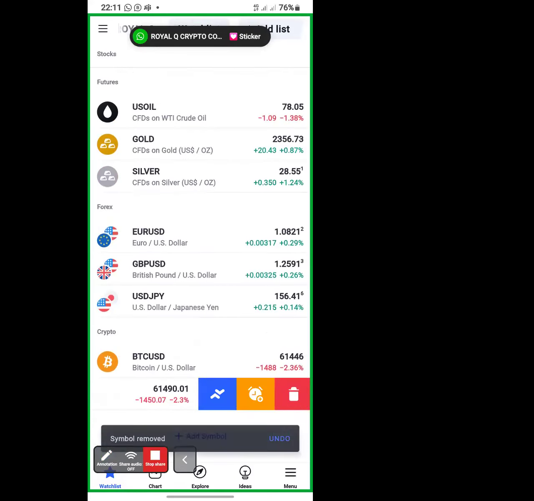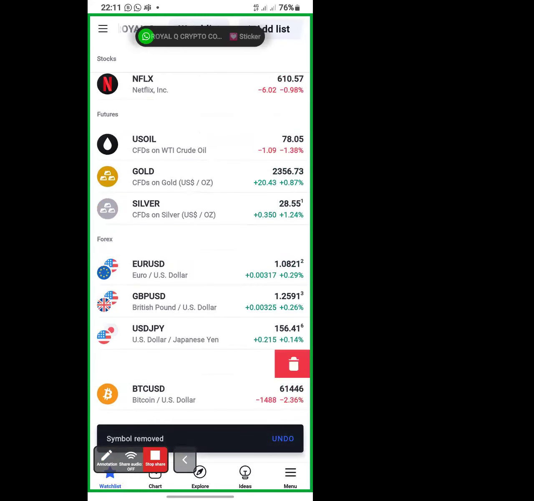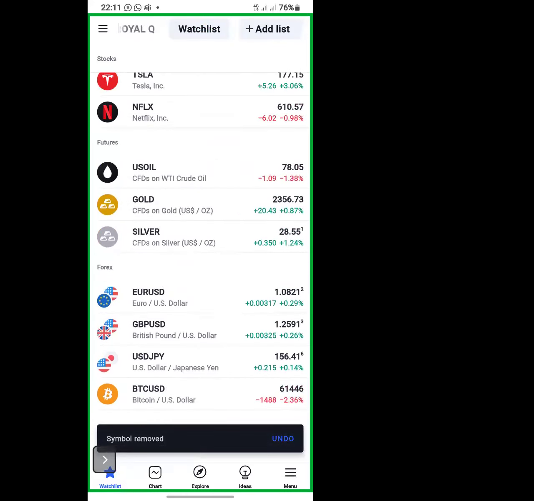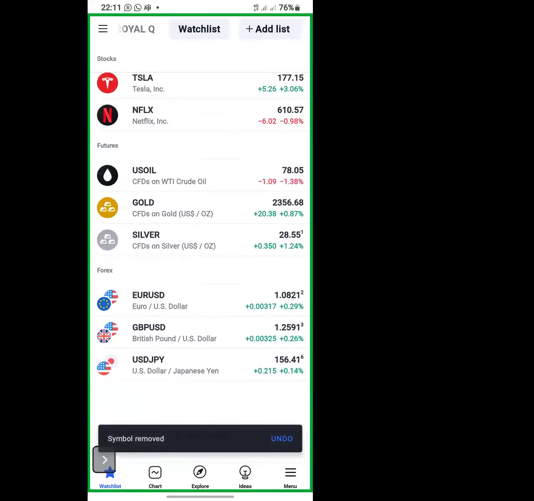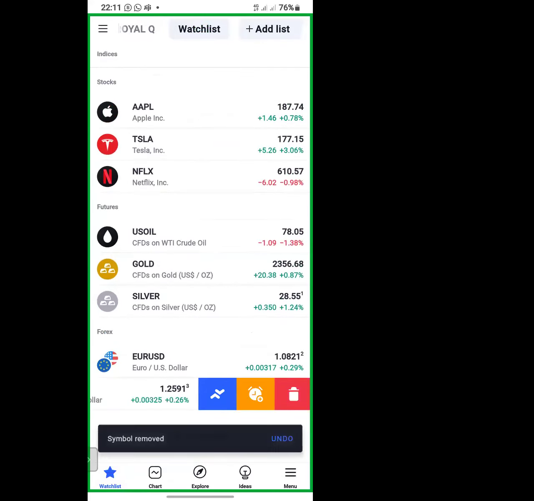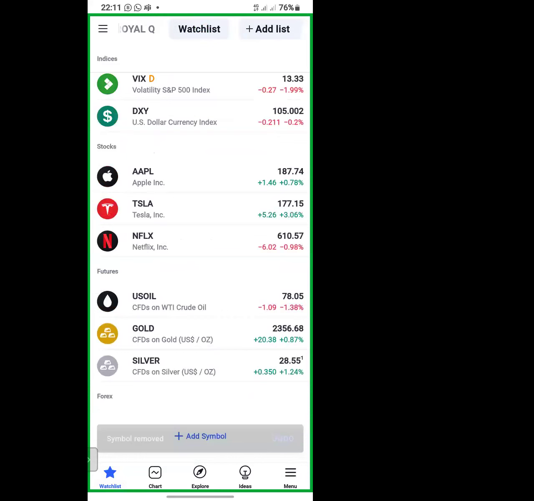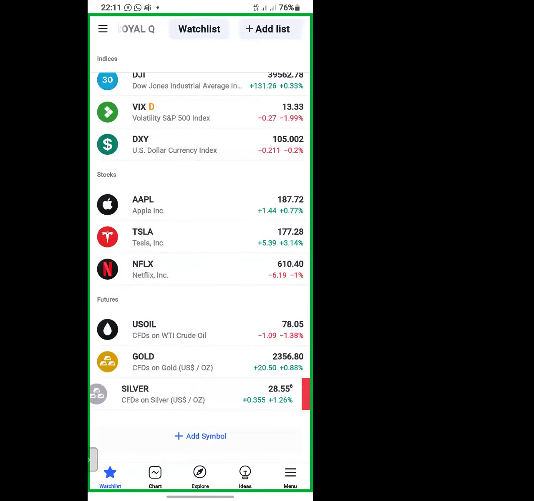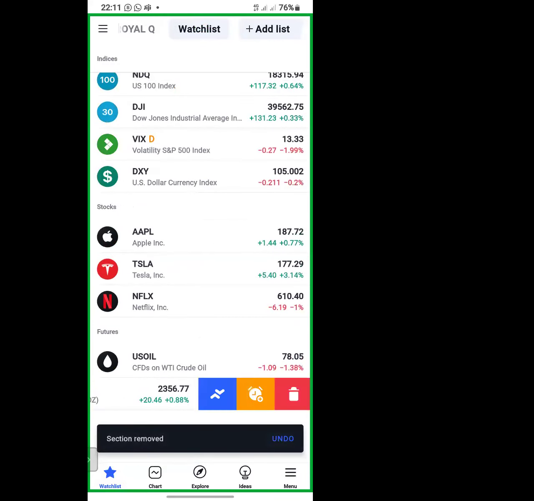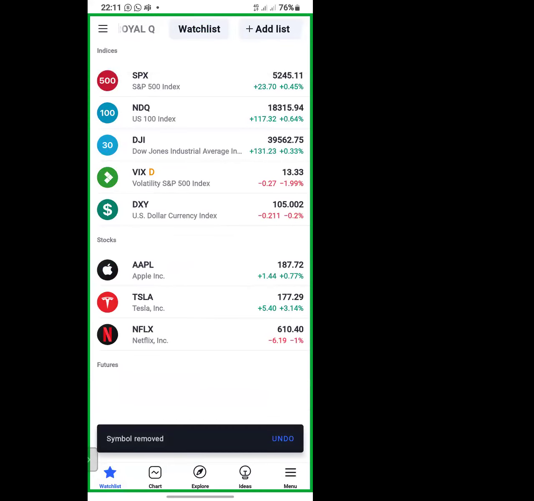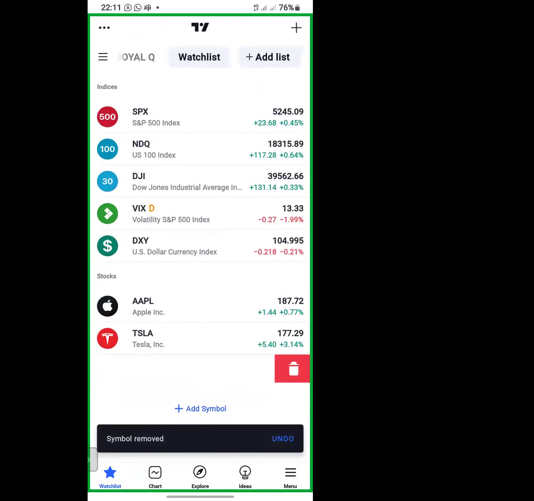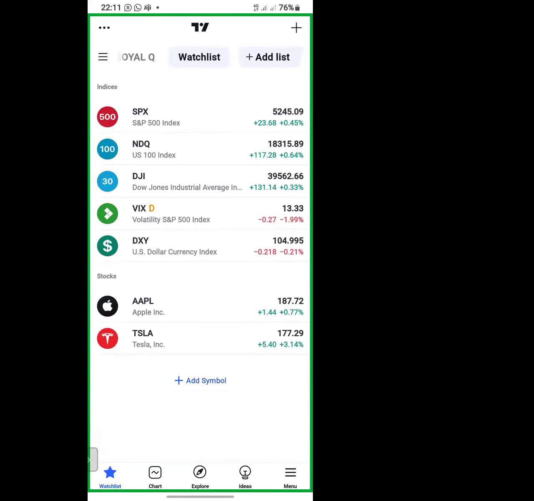You clear one by one. You even clear the watch list name. So you're creating space for the currencies.